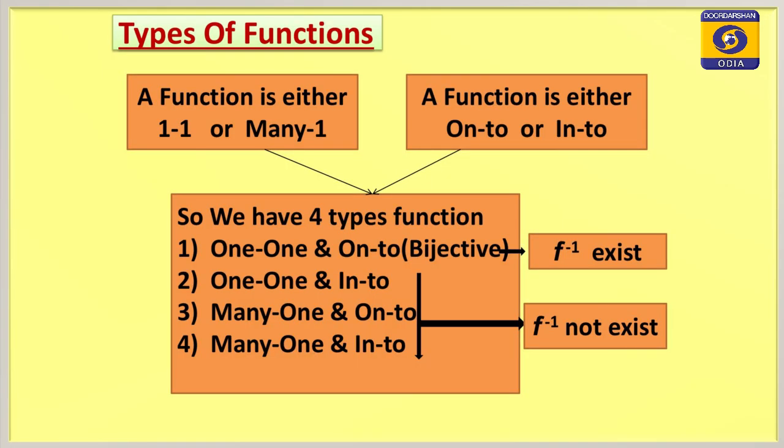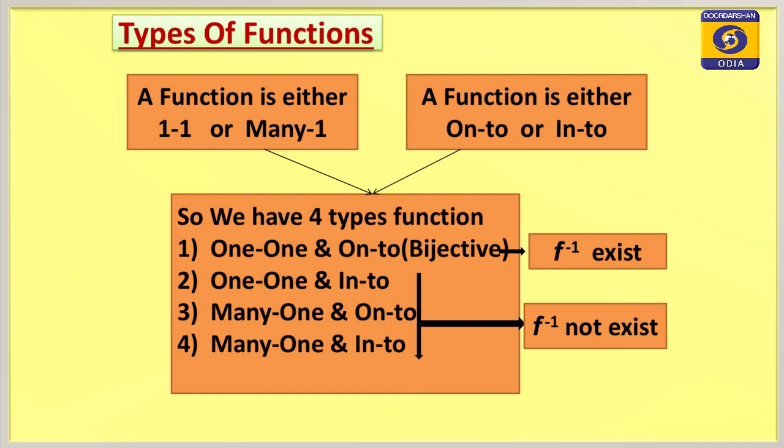Next, different types of function. You know a relation is either 1-1 or many-1. Similarly, a function is either 1-1 or many-1, and a function is either onto or into. By the definition of function, there is a restriction that every element of the domain must be related, but there is no restriction on the codomain set.